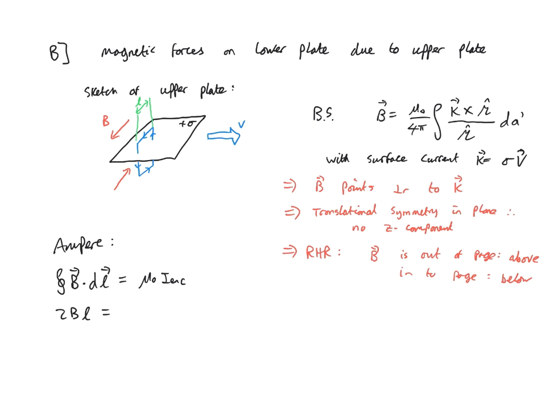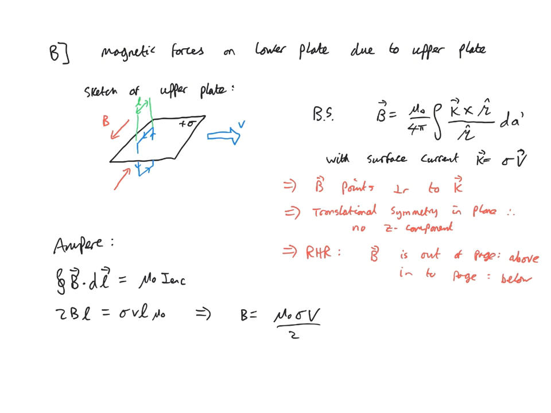And then on the right-hand side, the current enclosed is just sigma times v times L. And then we have to multiply that by mu naught. Okay, so that's it. So what we can find is the magnetic field is very simply equal to something that involves the velocity and the charge density, as you might expect.